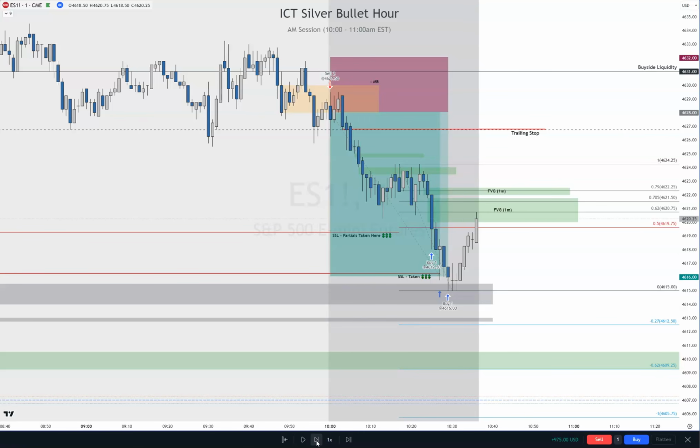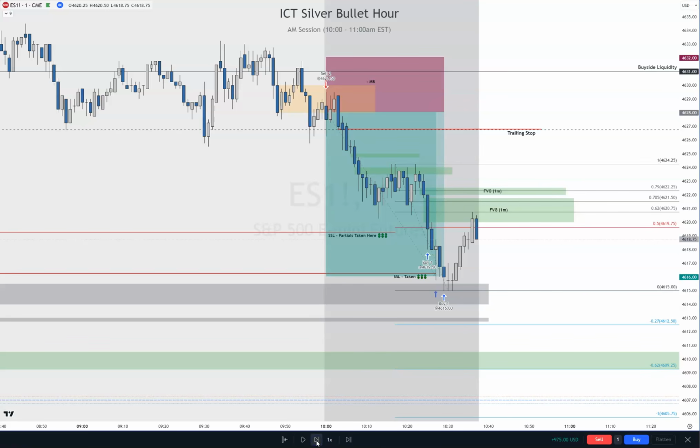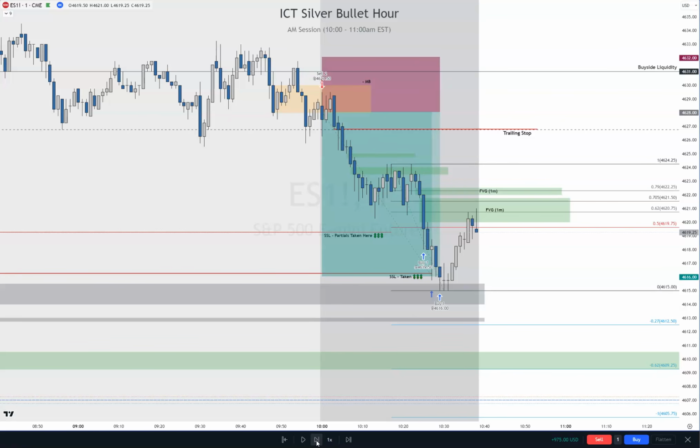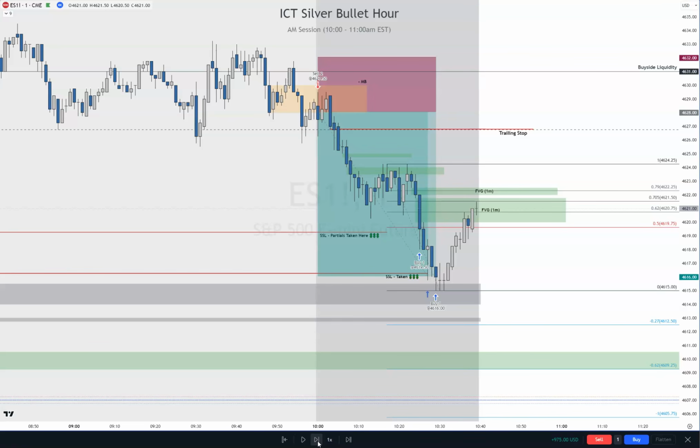Okay. In there, it's respecting it. Bodies are respecting it. Let's see what happens here. Again, now my rule is there's 2 PD arrays, I want to enter on the top, the higher one, if possible, which is also in optimal trade entry area, so that's really good. I just want to see how price reacts.